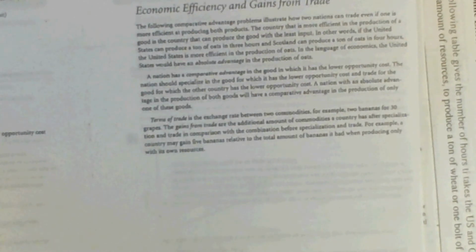Another country will have a different amount of resources and specialize in the other good. Each country will produce so much of a surplus that they will be able to trade for the good they have not produced and end up with more of both goods. And that's the concept that we're going to use a numerical problem to demonstrate next.